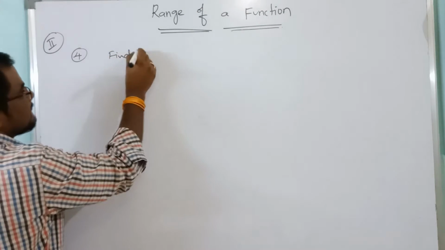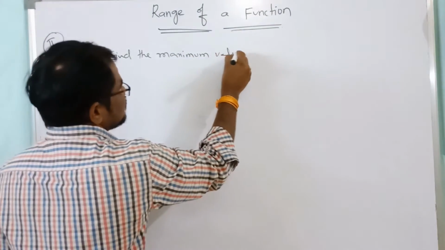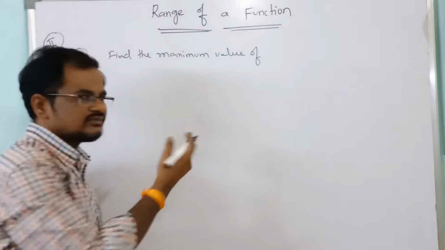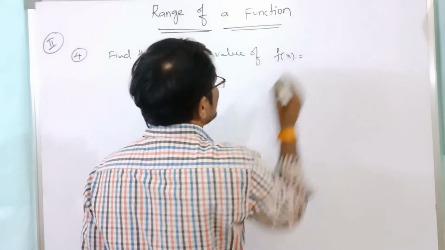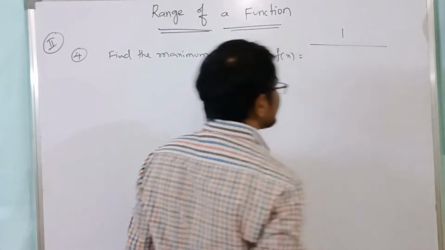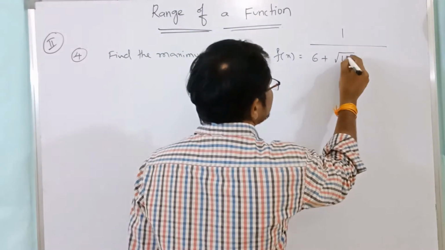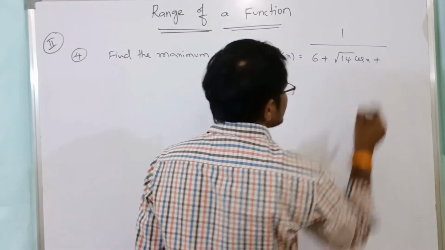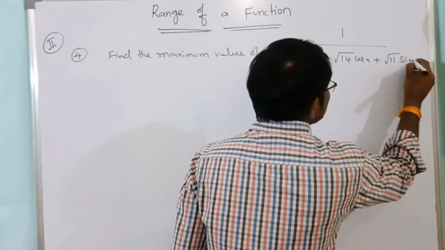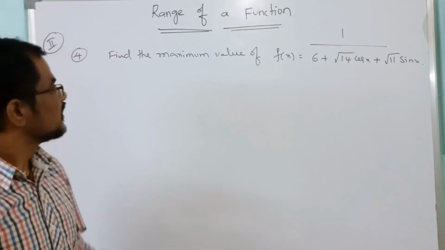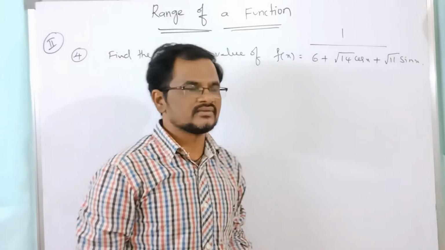Find the maximum value of f of x equal to 1 by (6 plus root 14 cos x plus root 11 sin x), like this they have given. Find the maximum value of this function.